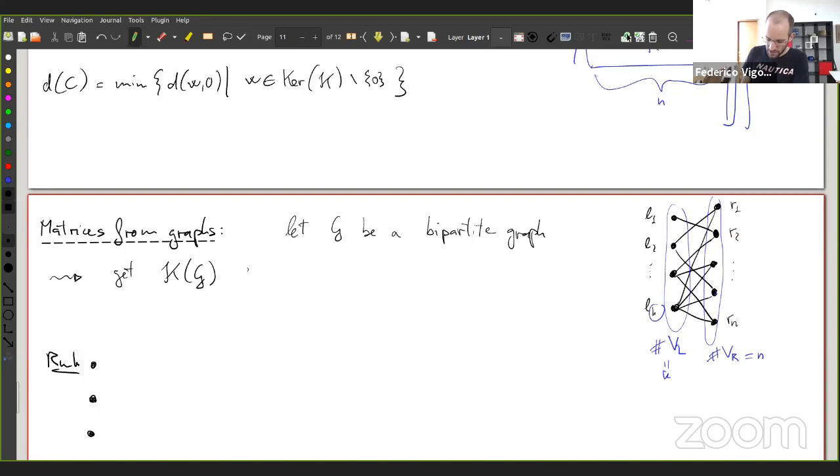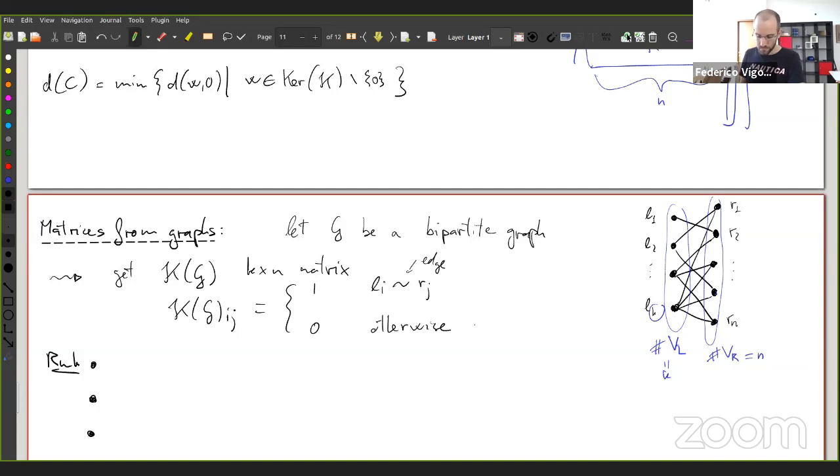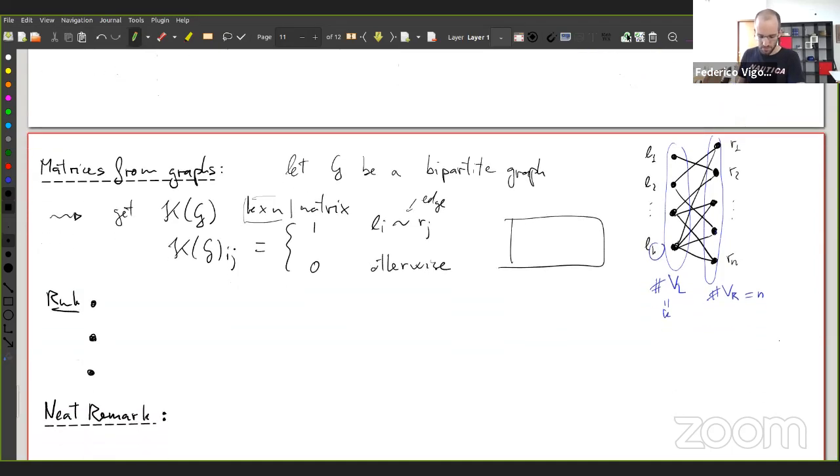We want it to be a k times N matrix, where at the element ij I put 1 if the i-th left vertex is linked to the j-th right vertex, so this is an edge, and 0 otherwise. So this will produce a k times N matrix that has some 1s and some 0s.